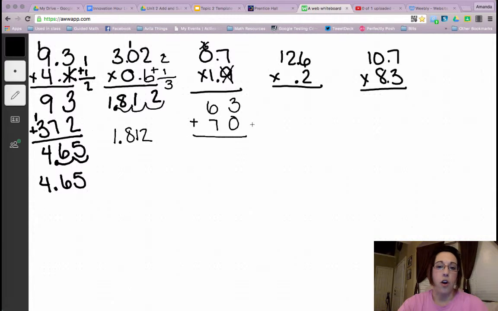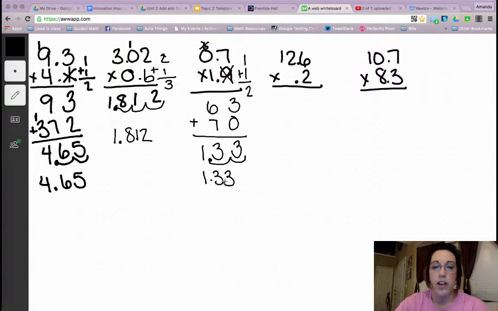So we add our products. 3, 7 and 6 is 13. Count our decimals. 1, 1. 1 plus 1 is 2. Over 1, over 2. So 1 and 33 hundredths.